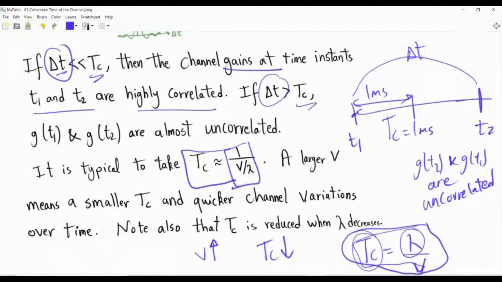If the carrier frequency is high, then lambda is c over f carrier. So the carrier frequency is say 60 gigahertz rather than 6 gigahertz. If this number is high, then lambda is small, and it means that the coherence time is small. And this will have an impact, as we will see later. Okay, any questions?